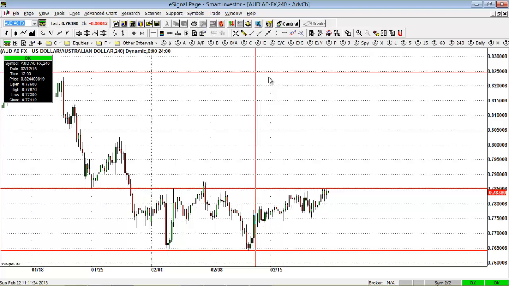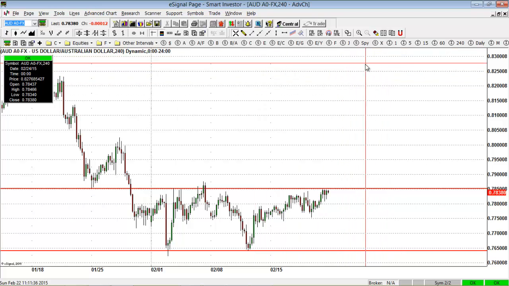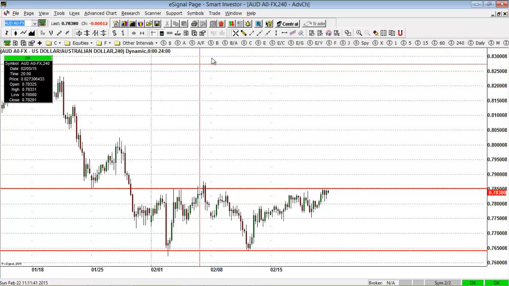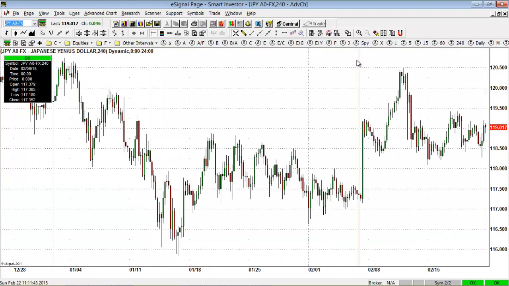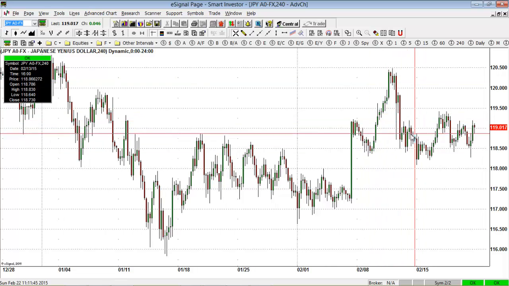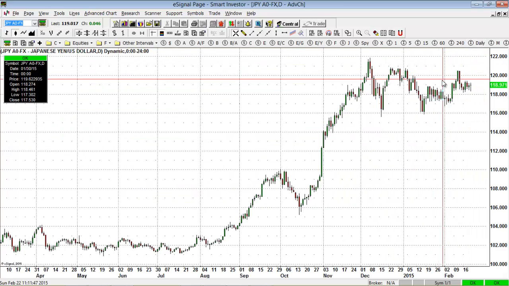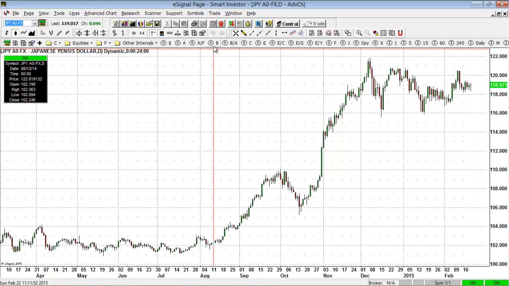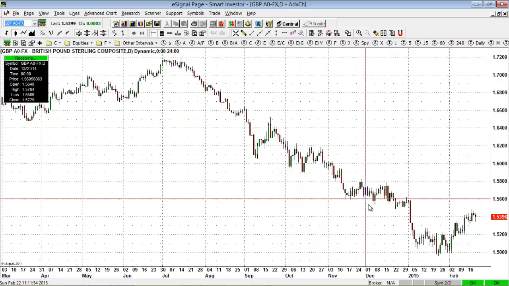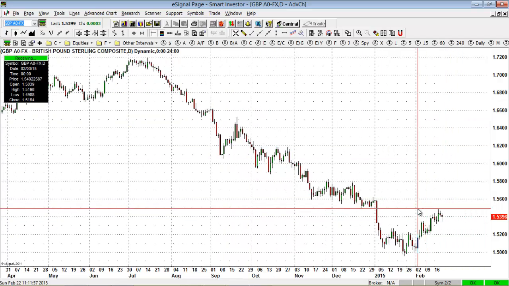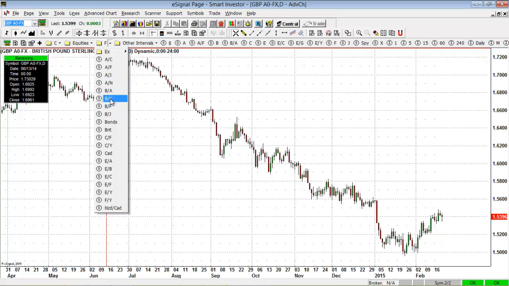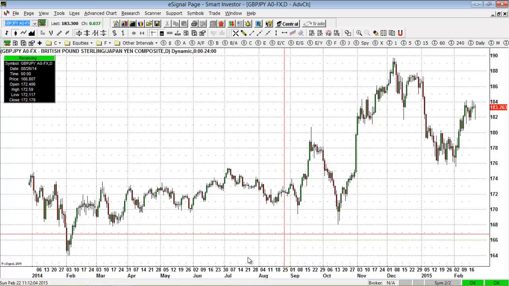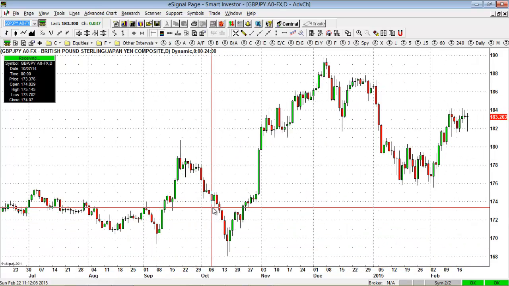Okay, just one thing before. If we see that the USD is slightly biased to the upside against the Japanese yen, and we see that the British pound is performing relatively well, we can then look at a cross pair, the British pound Japanese yen, to see if there are any opportunities.